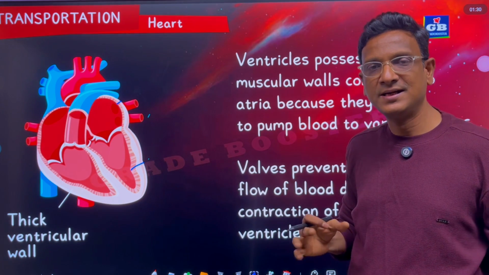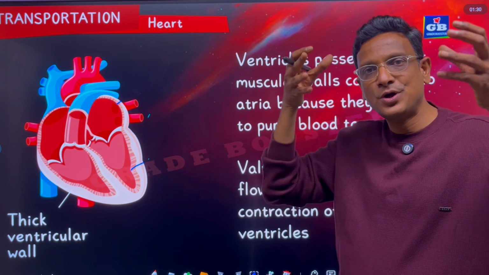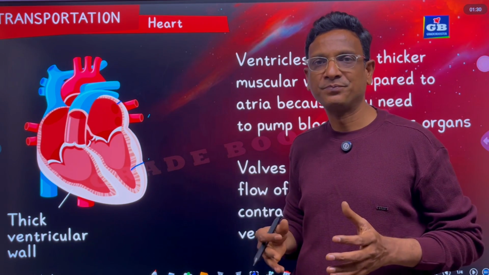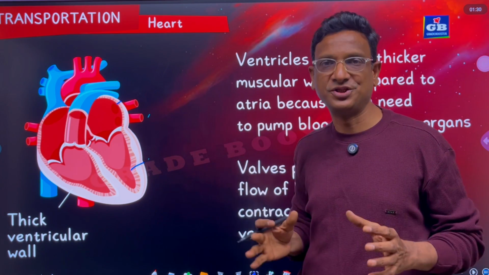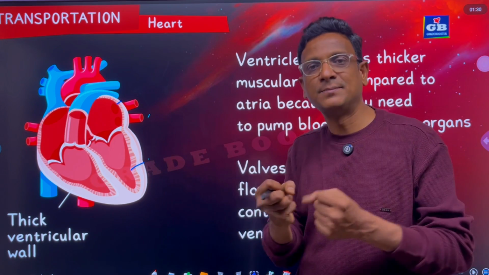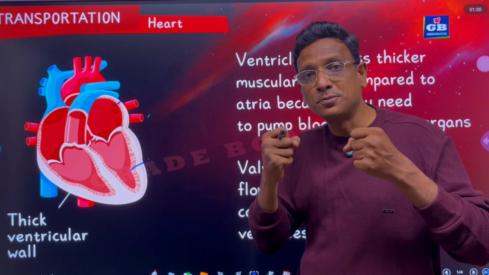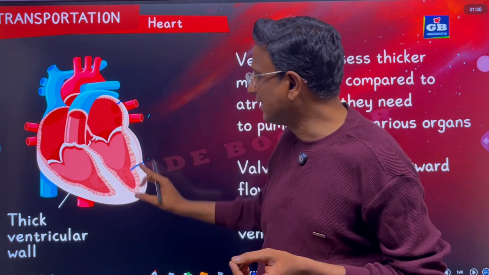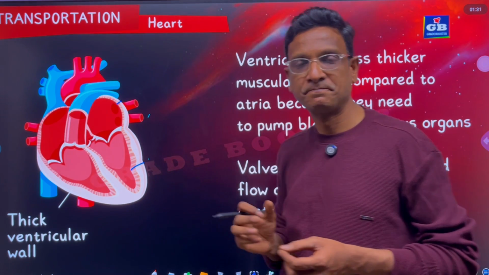The reason is that the atria have to pump the blood just down into the ventricles, which are located below. So they need not exert much pressure. But the ventricles must exert pressure to pump the blood to different parts of the body.